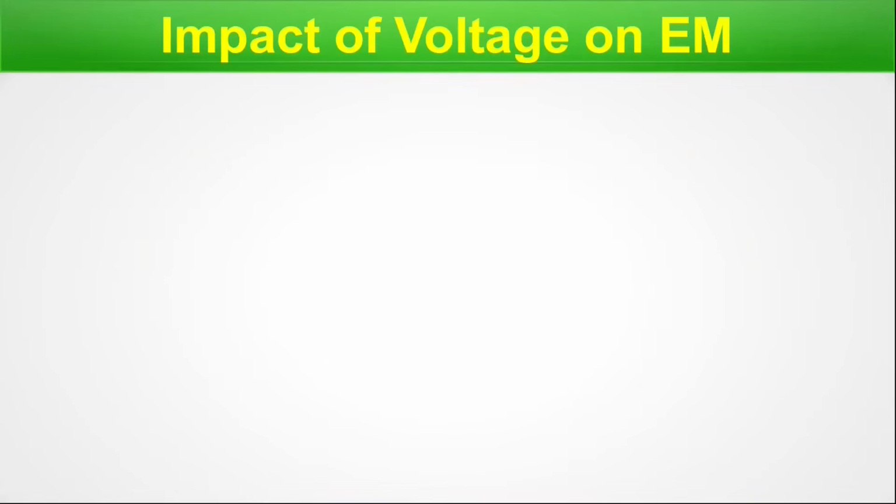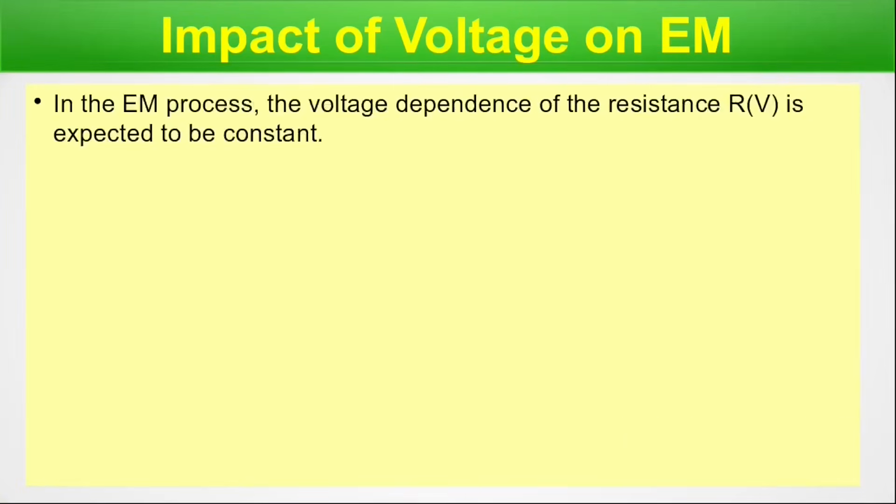Let's move on. Here we will discuss the impact of voltage on electromigration. In the last slide, we talked about the basic fundamentals. Now, we will zoom in further inside the circuit. In the EM process, the voltage dependence of the resistance R as a function of V is expected to be constant.